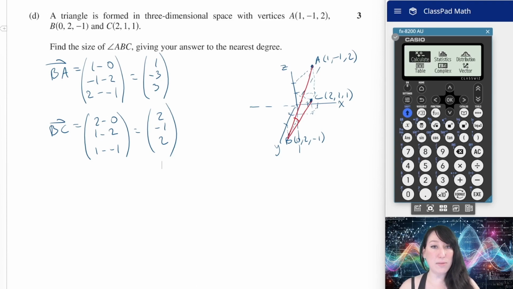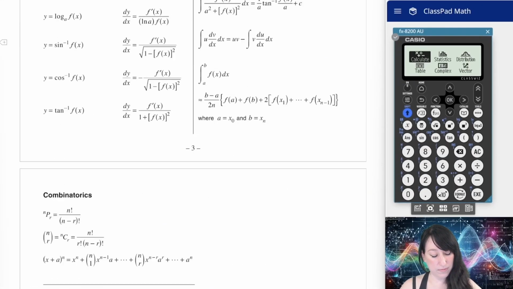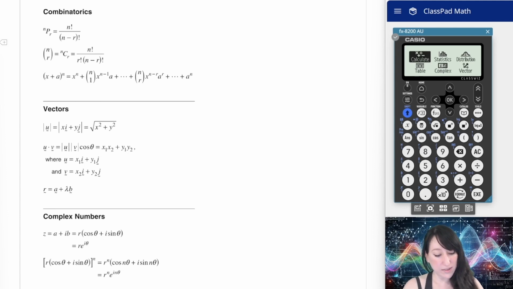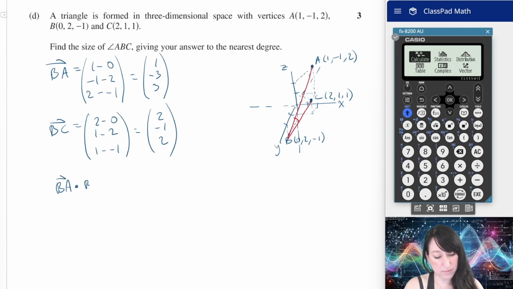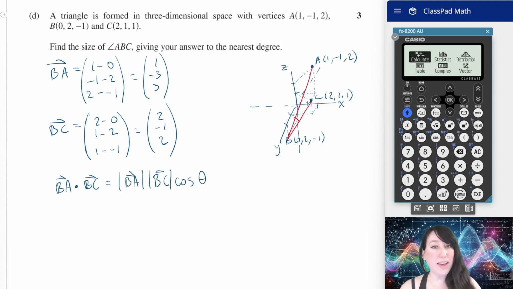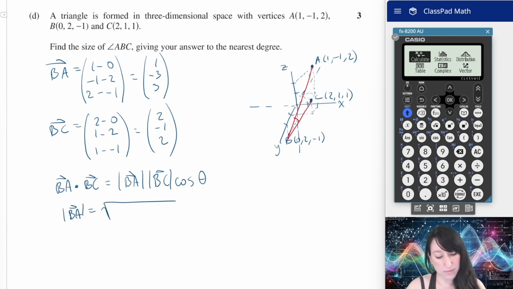Now, the formula sheet has some things about dot products on it. Go to the section on vectors, and we're going to use this. U dot V is the length of U times the length of V times cosine of angle theta. So let's find the length of BA. That'll equal the square root of 1 squared plus negative 3 squared plus 3 squared, the square root of 19.